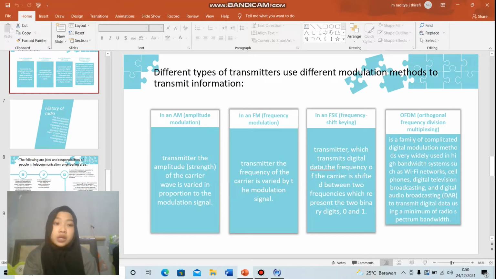OFDM, orthogonal frequency division multiplexing, is a family of complicated digital modulation methods very widely used in high bandwidth systems such as Wi-Fi networks, cell phones, digital television broadcasting, and digital audio broadcasting or DAB, to transmit digital data using a minimum of radio spectrum bandwidth.